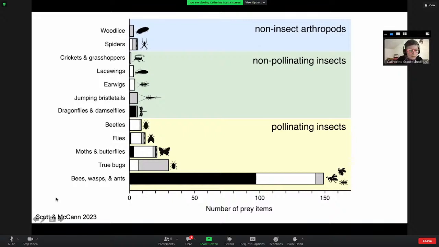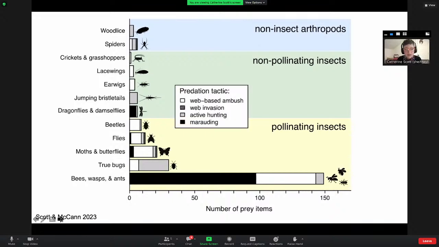And they don't just do the web-based ambush predation. The colors of the bars here, I've just put up the key, will tell you the proportion of these predation events that were the result of different hunting behaviors.